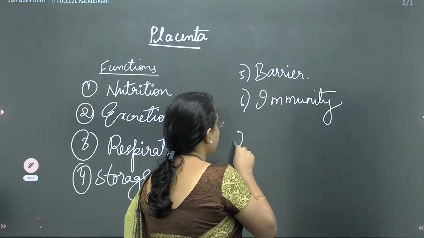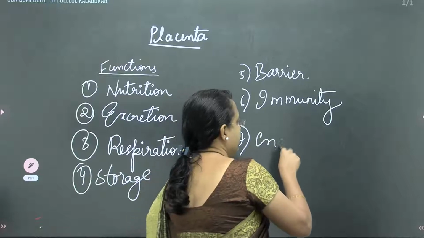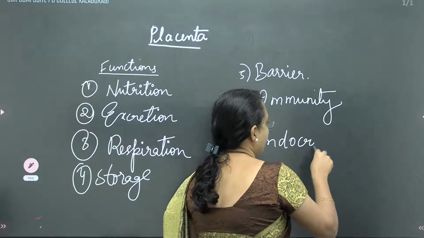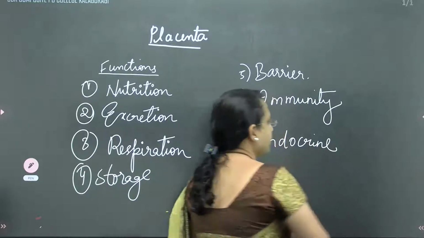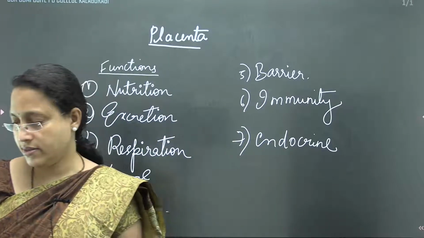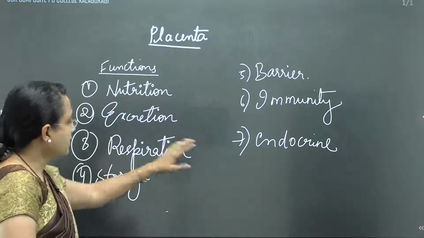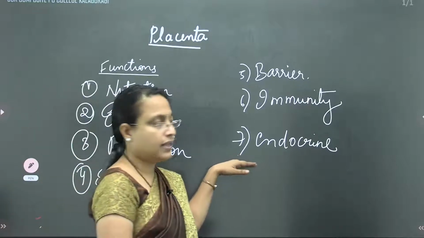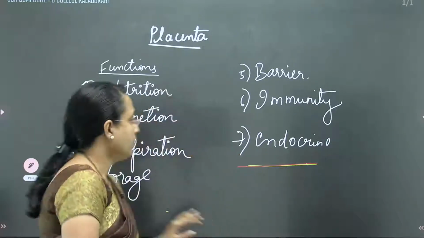Then seventh is it acts as a temporary endocrine gland, which I have already mentioned at the beginning of this class. So I shall take separately the endocrine function of placenta.